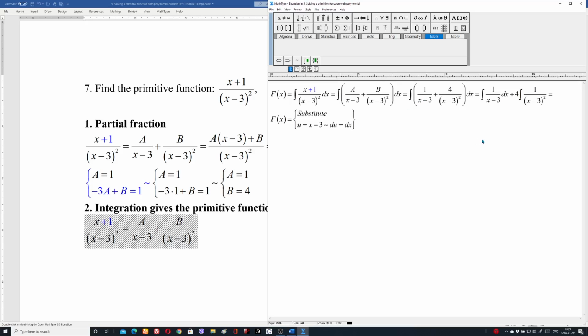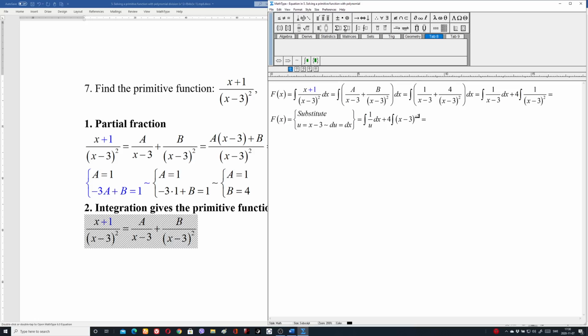Okay, and now I will continue to calculate. I receive this equation here. Let me copy this one too. So here I will put just u, because I exchange this x minus 3 with u. And this here will be minus 2.